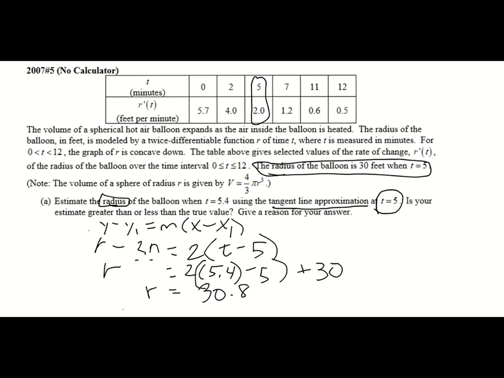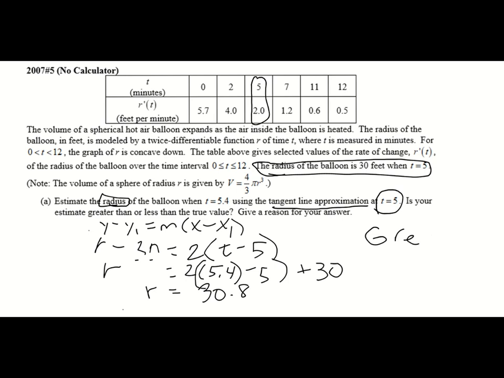And now we need to say, is this estimate greater than or less than the true value, and give a reason for your answer. You might want to pause the video and ponder that for a moment before I spoil the fun and tell you. But the answer would be greater than.